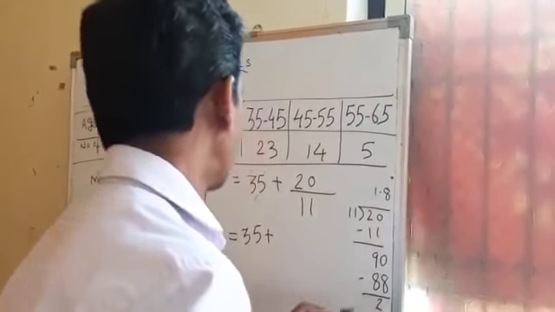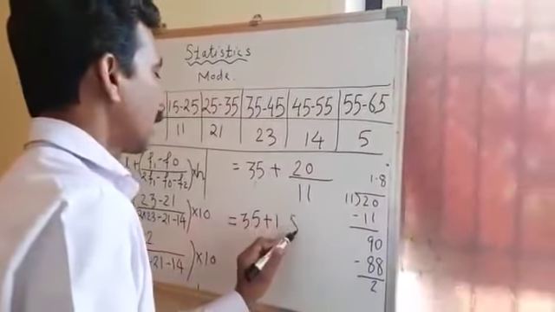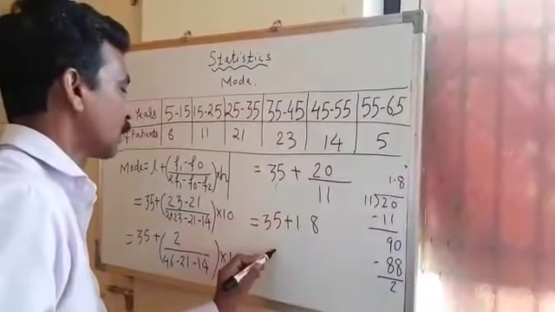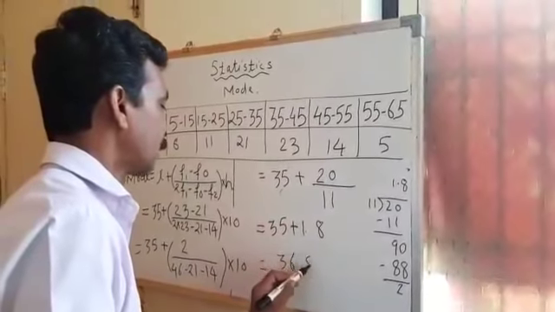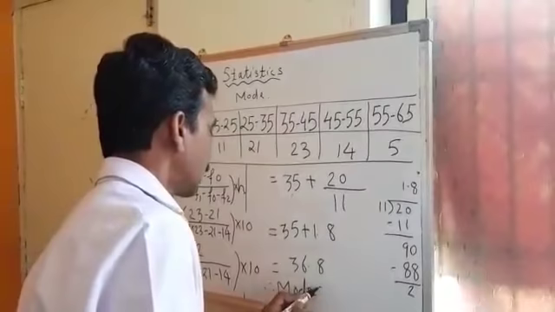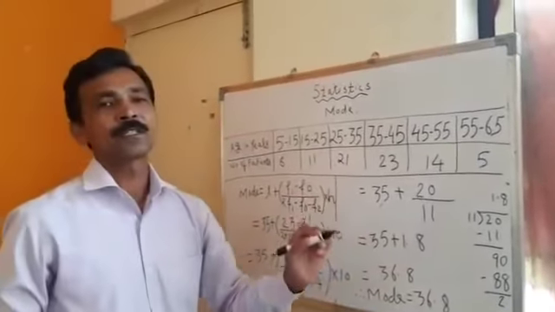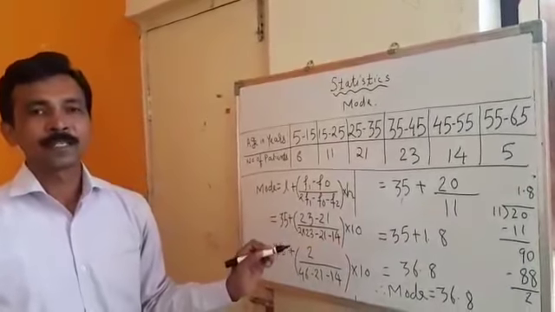This is 2. So the answer of 20 upon 11 is 1.8, and 35 plus 1.8 is equal to 36.8. Therefore, mode is equal to 36.8. This is the way to find the mode.